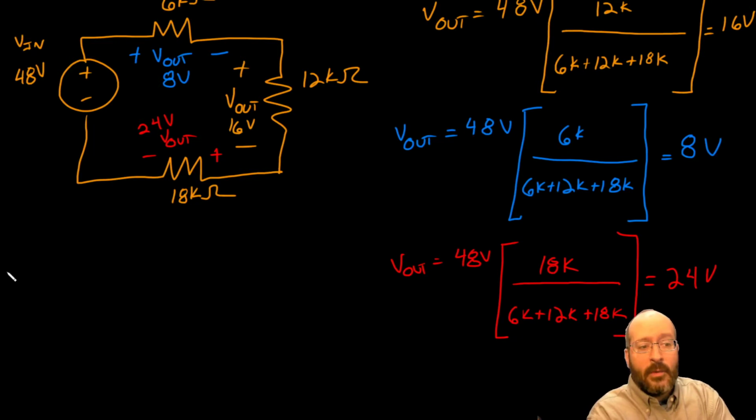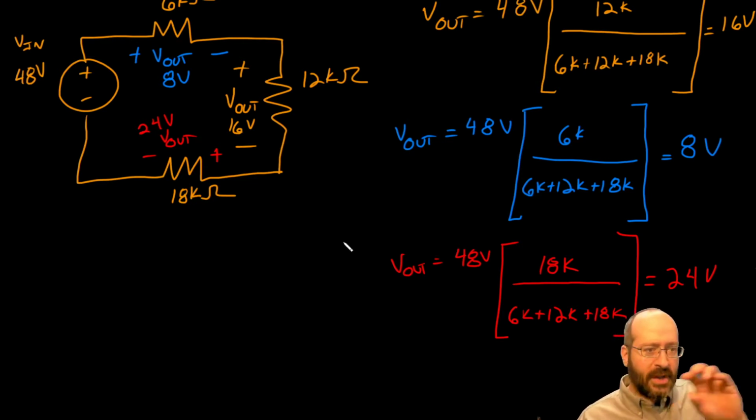Okay, so we can apply the voltage divider in these conditions. We want to relate one voltage to another. We know that one of the voltages is across a series combination of elements, and we want to find the voltage across one of those elements. Okay, so we're not always working in this direction.